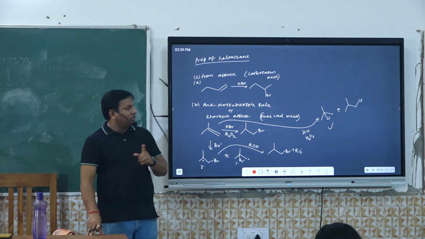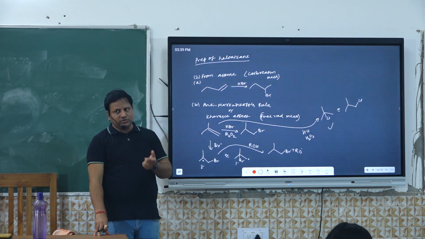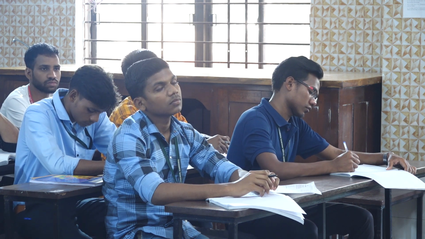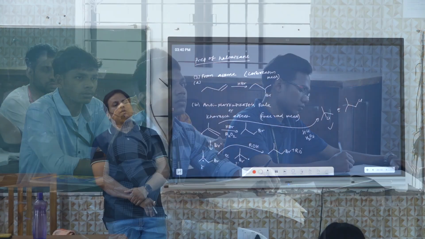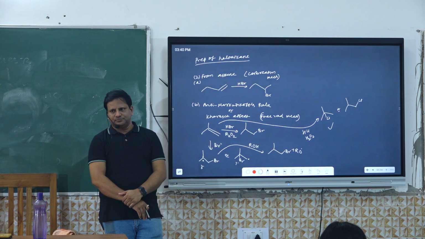In the second step, the propagation step, HBr plus free radical forms bromine free radical along with ROH or H2. So that step is highly endothermic in case of chlorine as well as iodine. So it is a chlorine or iodine free radical that forms, and that is not going to follow the anti-Markovnikov rule, rather it will follow the Markovnikov rule.